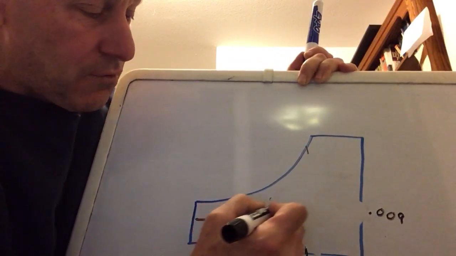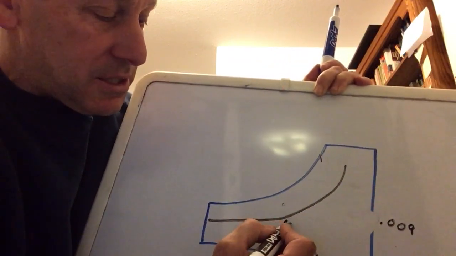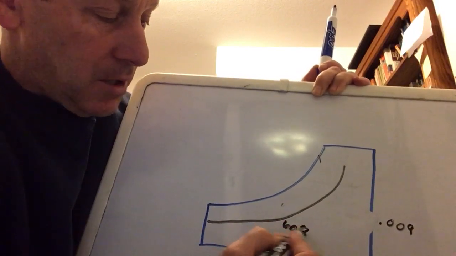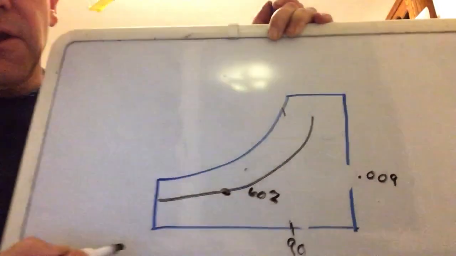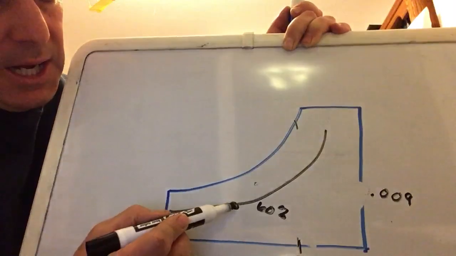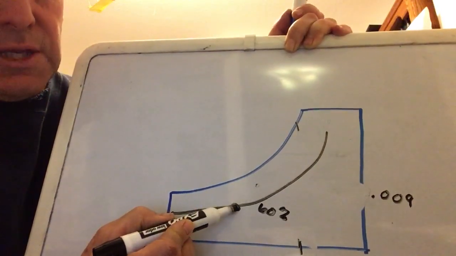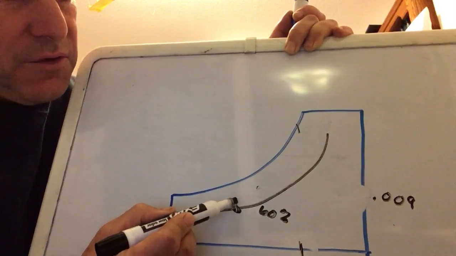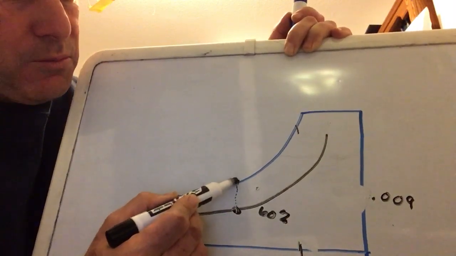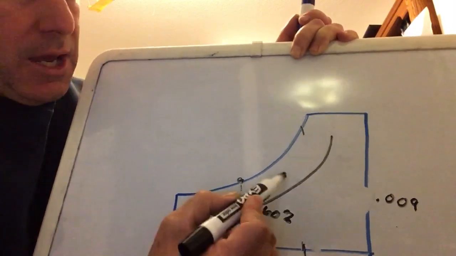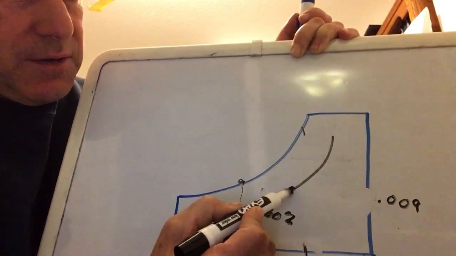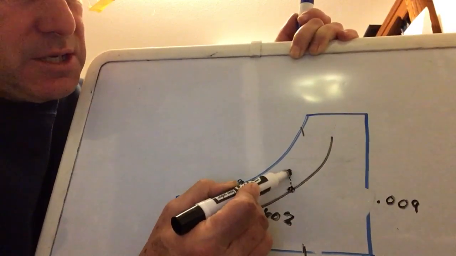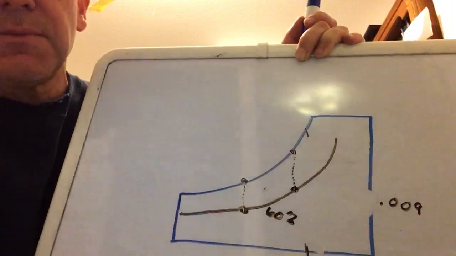If this curve right here was, say, the 60% curve, that means any point on there has 60% relative humidity, and that would mean that the moisture level for this air is 60% of the maximum moisture level at that temperature. And over here we'd have the same thing. The moisture level in this air is 60% of the maximum level at this temperature.